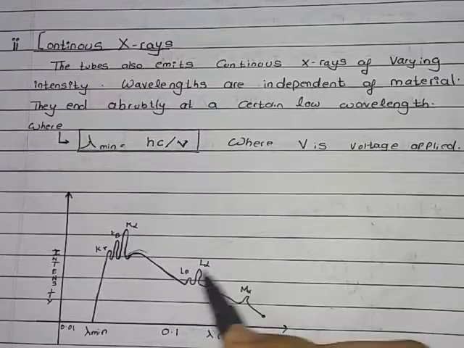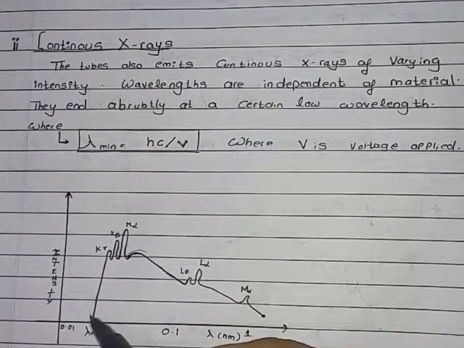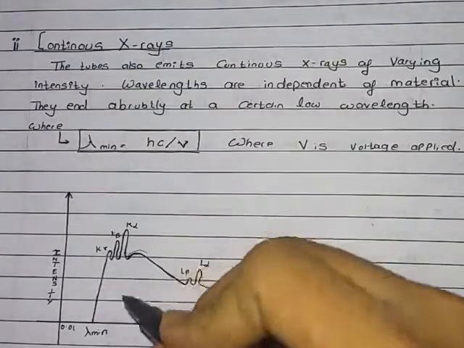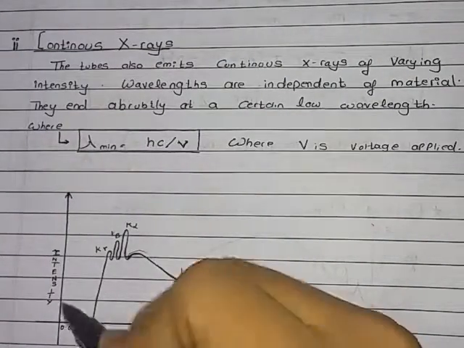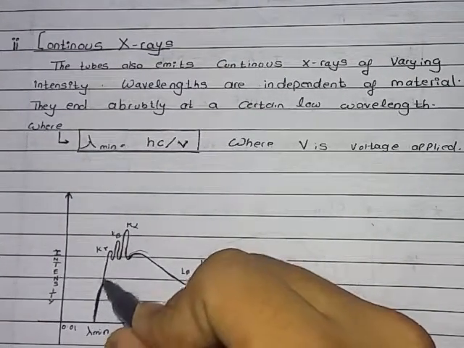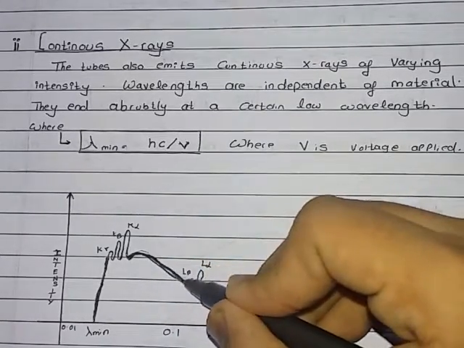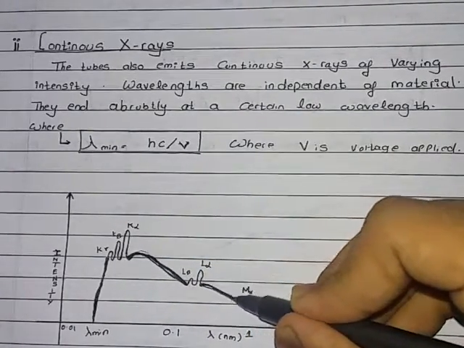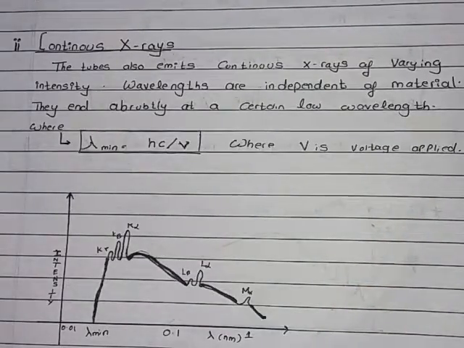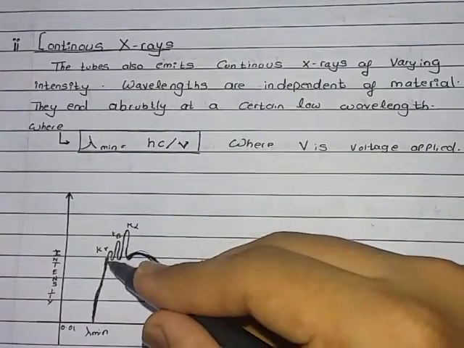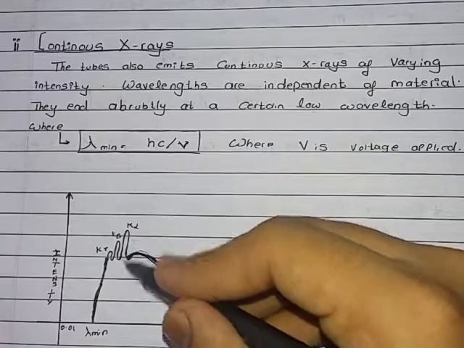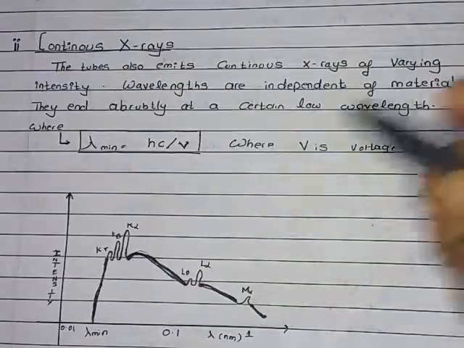Now what are continuous X-rays? I will mark something for you. This thing and this thing are continuous X-rays, and the thing you can see which came up is nothing but the characteristic X-rays.